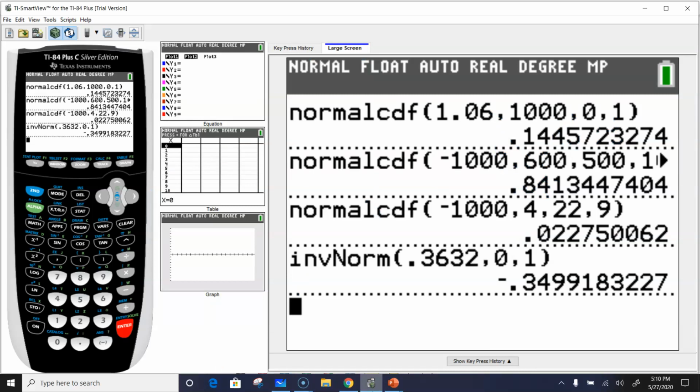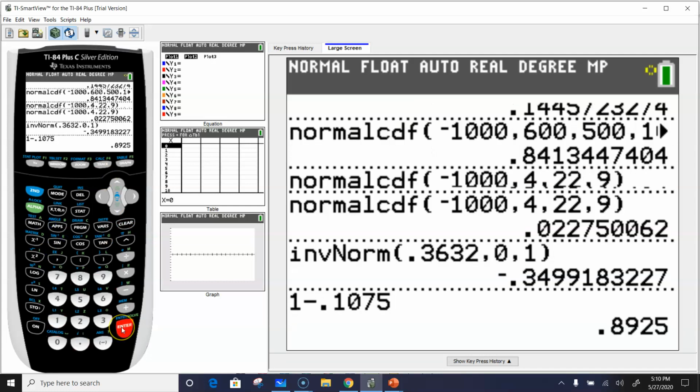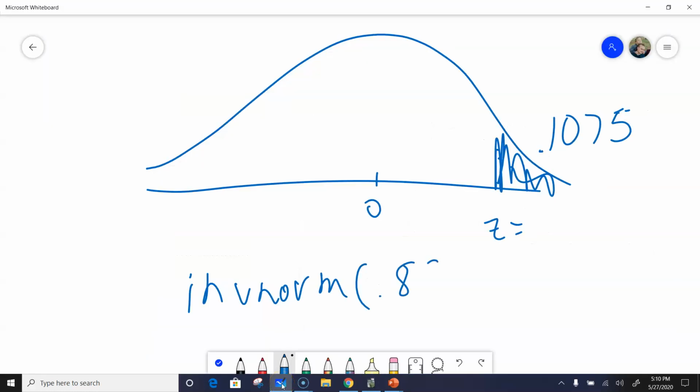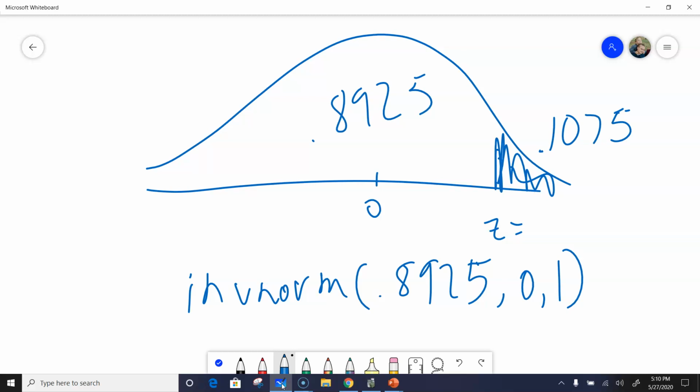So we're going to do inverse norm, but I'm not going to put in 0.1075. What I'm going to put in is 1 minus that, so I'm going to put in 0.8925. So our area to the left of this z-score is truly 0.8925. The area to the right is 0.1075.